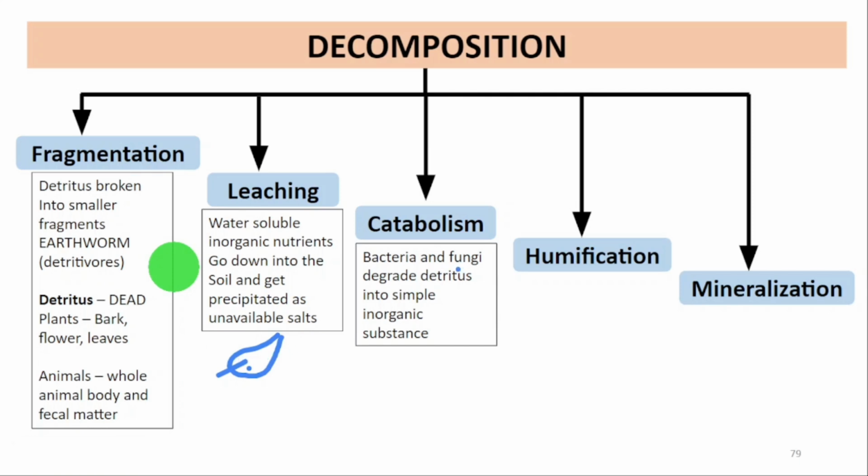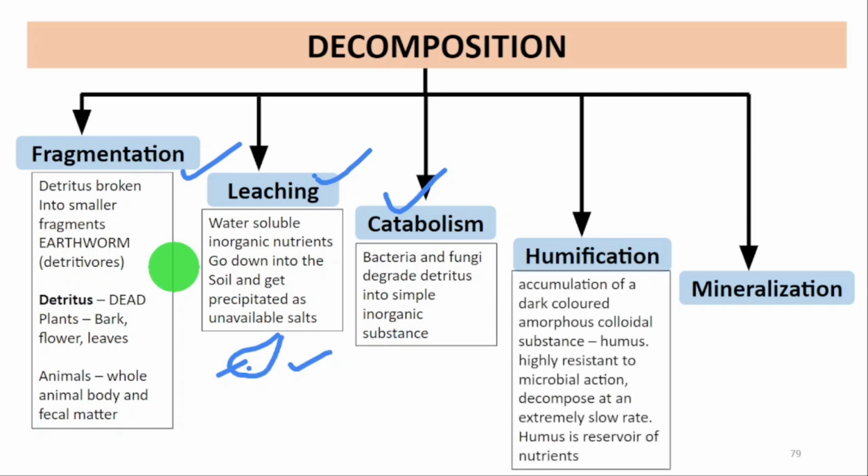Simultaneously bacteria and fungi are also digesting the leaf part. There are some inorganic ions present here that will dissolve in water and go down into the soil. So they are not happening back to back, but they are happening simultaneously, these three. So bacteria and fungi degrade the detritus into simple inorganic substance. So they are the ones that carry out the catabolic activity and convert the organic into inorganic.